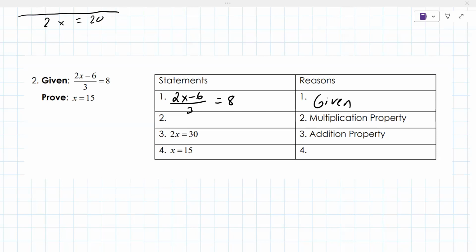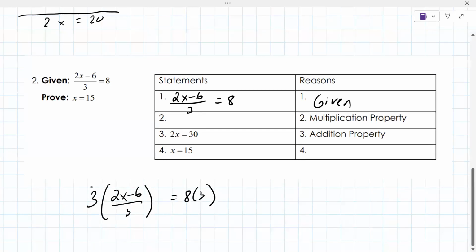I want you to think about what it says: multiplication property. What could you be multiplying both sides by in this first line? 3. So tell me what that becomes when you multiply both sides by 3. 2x minus 6 equals 8 times 3 is 24. Good. Okay, then it says a different property.